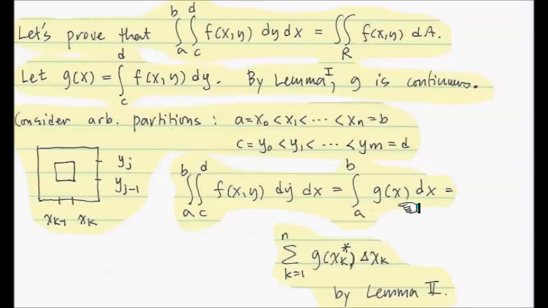It was shown just a minute ago that for each of these integrals, as long as g(x) is a continuous function, we can write this interval as exactly equal, not approaching but exactly equal, to the Riemann sum of this shape, by lemma 2.